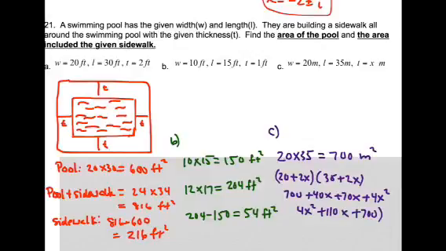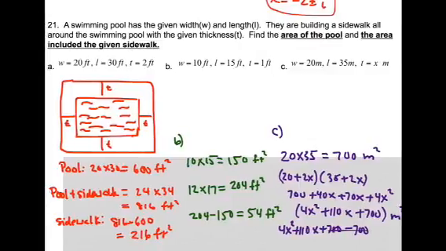And I'll put it in parentheses because it's all 1 unit, meters squared. If you wanted just the sidewalk, you would take 4x squared plus 110x plus 700 minus 700, because that's the pool. That would cancel that. So you'd be left with 4x squared plus 110x meters squared.